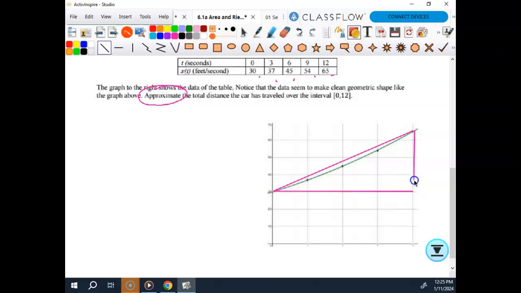So we have this triangle here. It's hard for me to hit what I'm aiming for here. Okay, so then we also have this rectangle down here that we have to deal with. That's a little off, but maybe I can try and make it better. There we go.